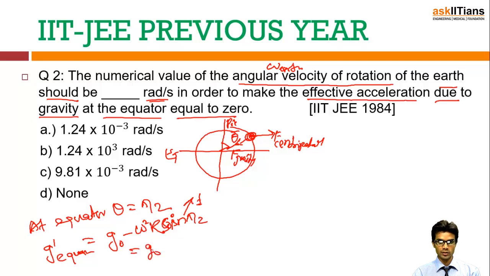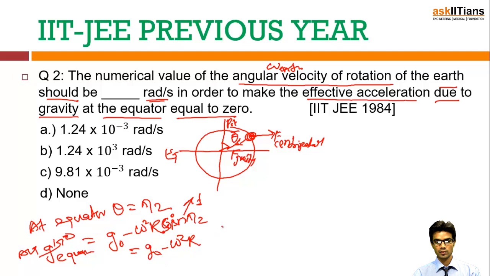So g dash is equal to g0 minus omega square R. The effective acceleration due to gravity would be 0 according to the question.